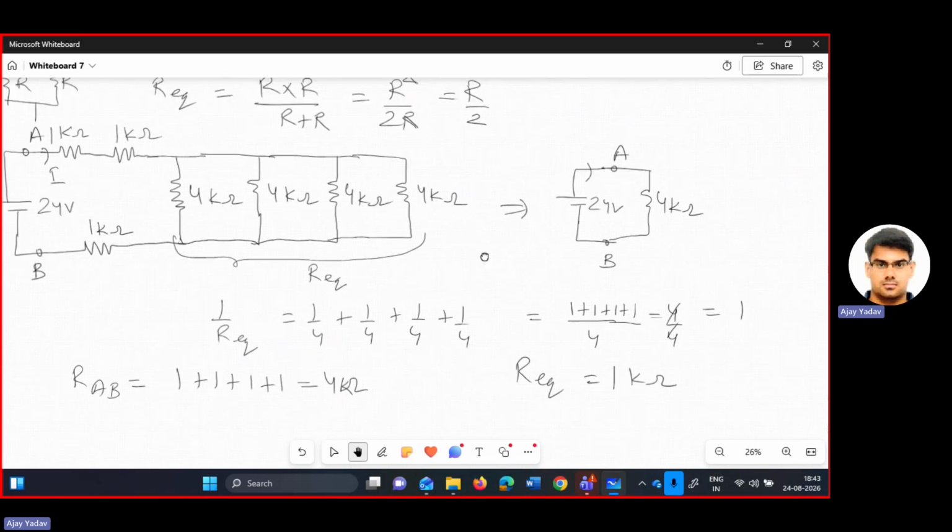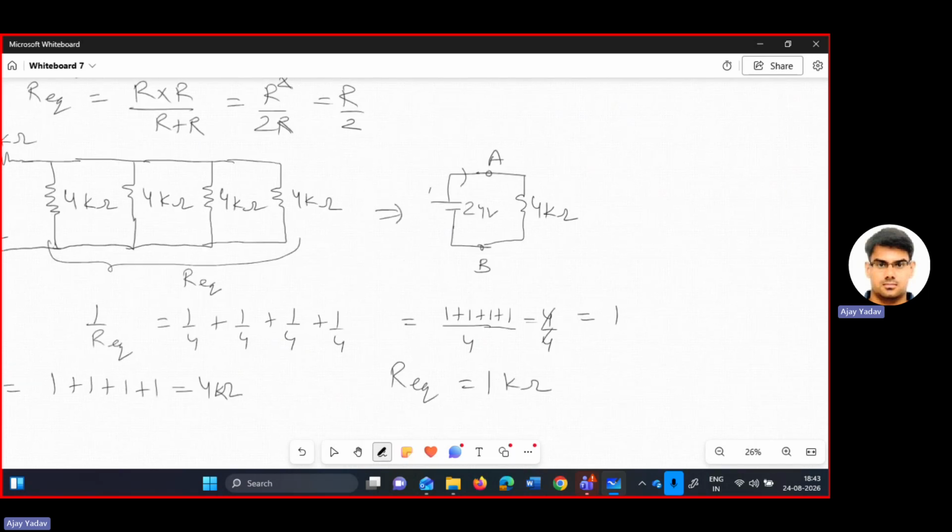So in this case, you can apply Kirchhoff voltage law. This is plus minus, this is current. I am using passive sign convention, so current is flowing in the clockwise direction. I is the current flowing here.